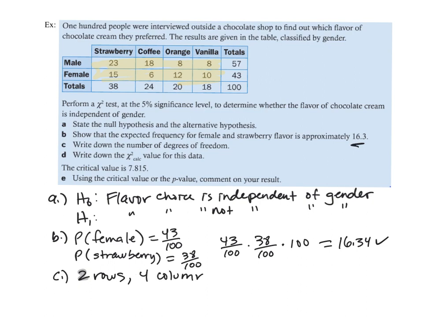So to find the degrees of freedom, we take the number of rows minus 1 times the number of columns minus 1. So that is 2 times 3, which turns out to be 6.